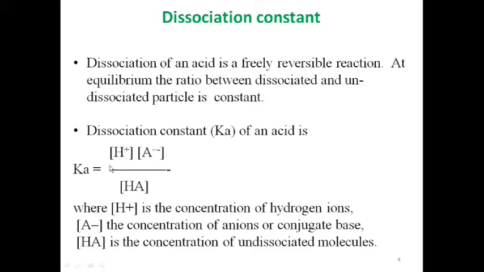Here H plus shows the concentration of hydrogen ions, this shows the concentration of anions, and this shows the concentration of undissociated molecules. Generally the square bracket shows the concentration. So the dissociation constant is the ratio of dissociated and undissociated particles or molecules.